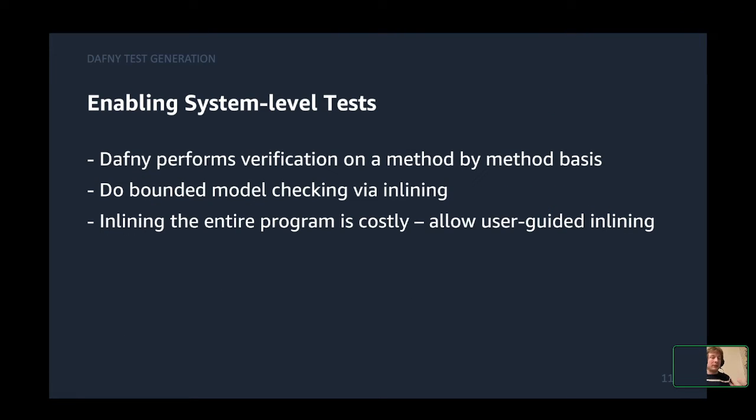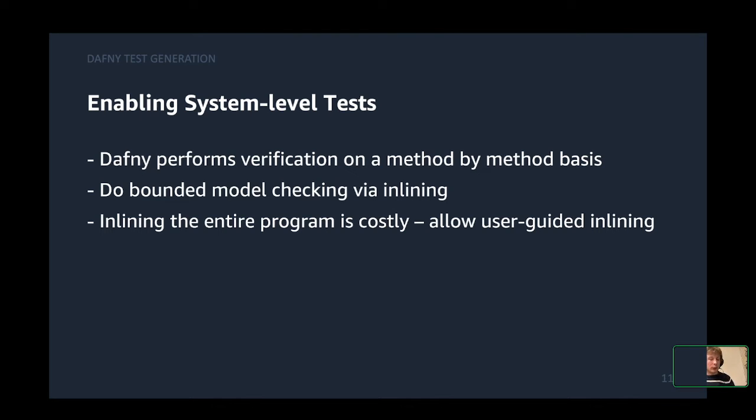Now, to enable system-level tests, we had to redesign some parts of DTest because by default, Dafny' performs verification on a method-by-method basis, meaning that when it looks at a method and tries to verify properties of that method, it only has access to specifications of other methods, but not their implementation. Whereas we want to generate inputs for one method, but also cover parts of the implementation in a different method.